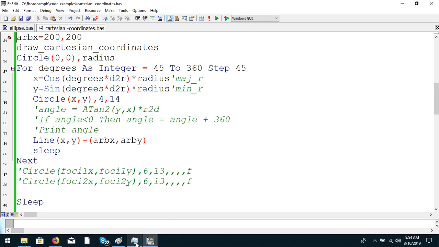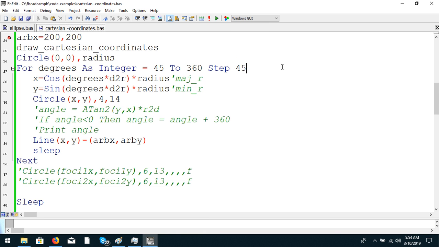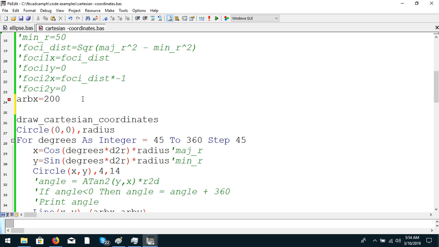Oops. Alright, so I have it running somewhere. Oh, arbitrary x, arbitrary y equals 200. Save and run.